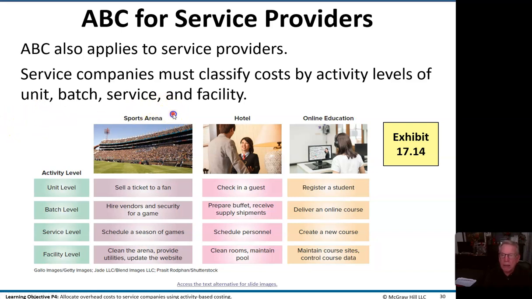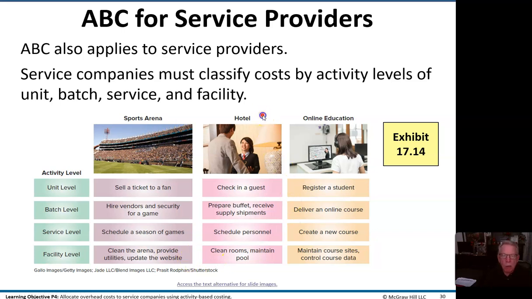So here, if I'm a sports arena, I'm selling a ticket to a fan, that's unit level. I'm hiring vendors and security for a game, that's batch level. If I'm scheduling a season of games, that's a service level. And finally, cleaning the arena, providing utilities, updating the website, all examples of facility level.